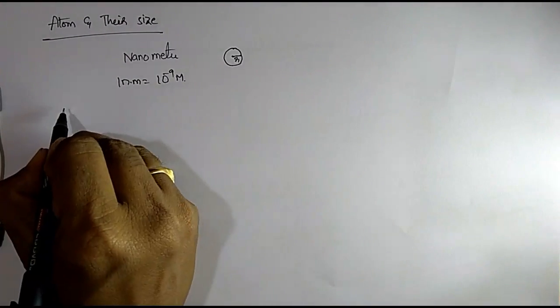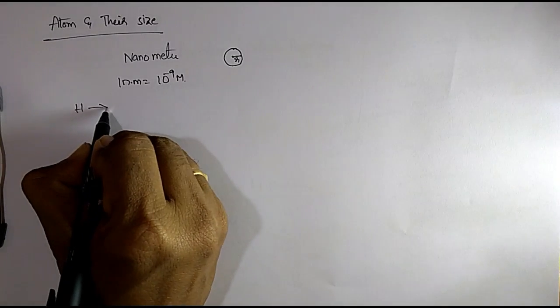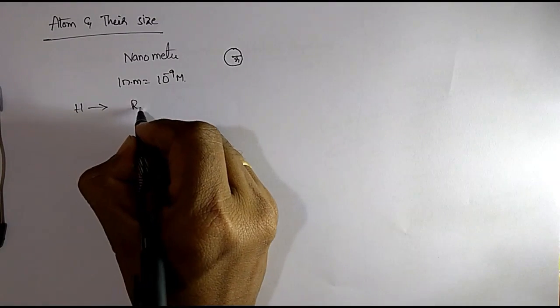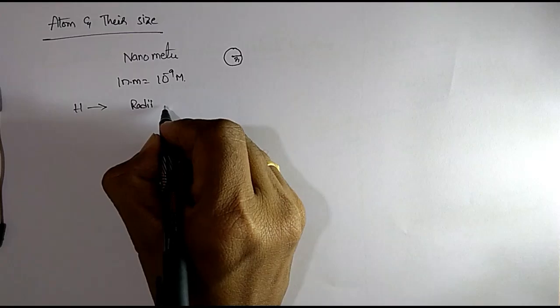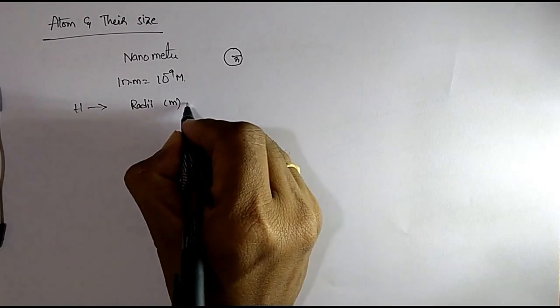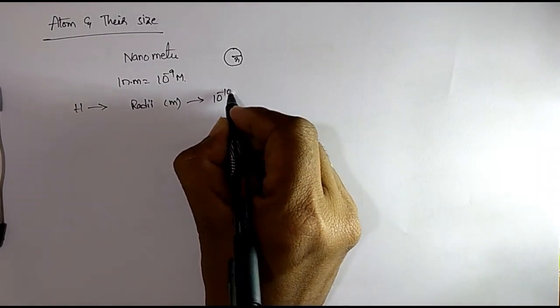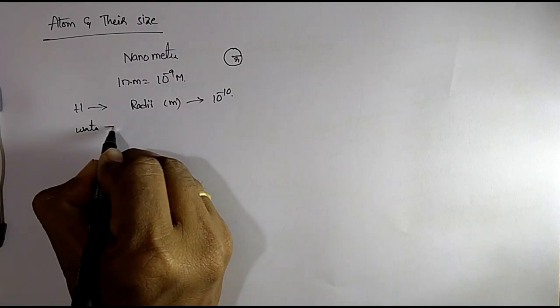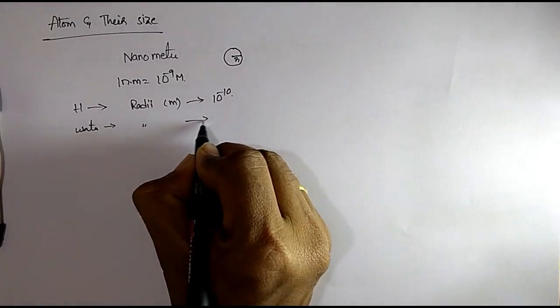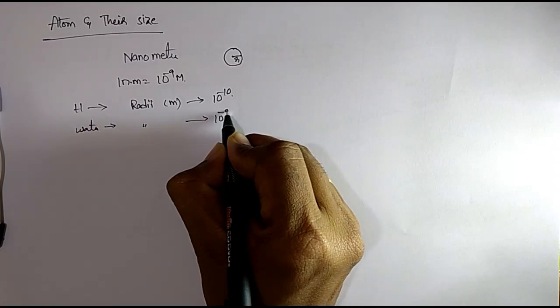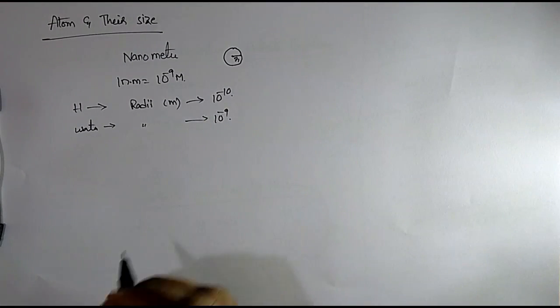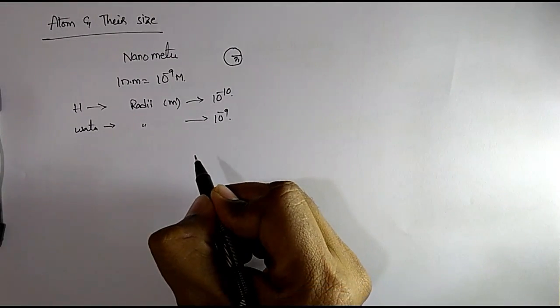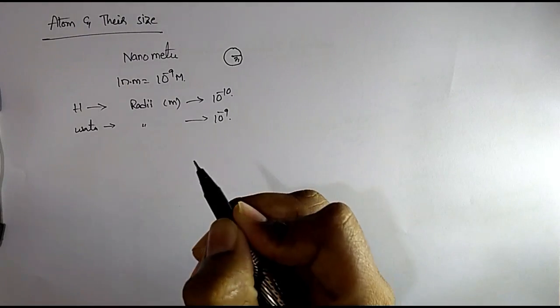If you take the example of a hydrogen atom, the radius in meters is 10 power minus 10. If you take water, the radius in meters is 10 power minus 9. So the atoms are very small in size.